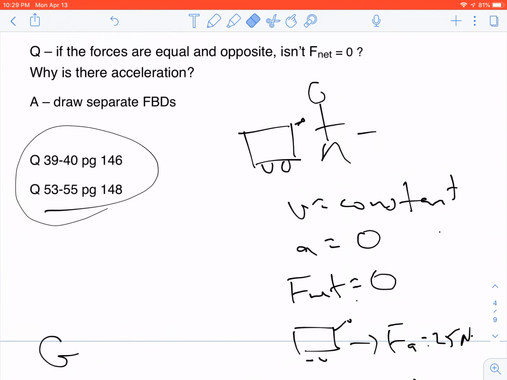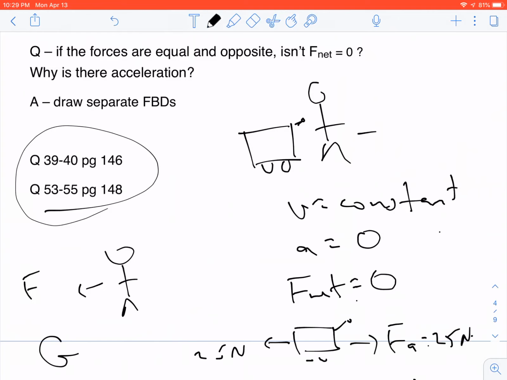If I look at what are the forces acting on me, the cart's pulling me back. Now, hang on a minute. If I was applying a force of 25 newtons to that cart, but it's not accelerating, that means F net on the cart has to be 0, which means if there's 25 newtons of my force pulling it forward, there has to be 25 newtons pulling the cart backwards.